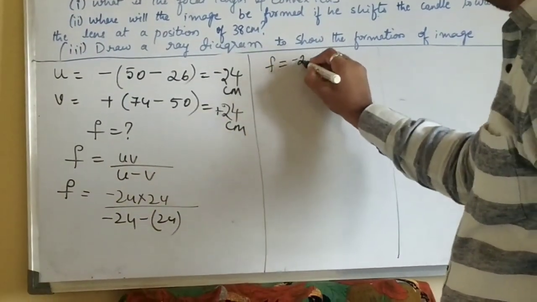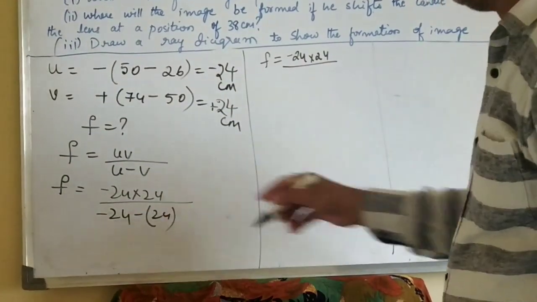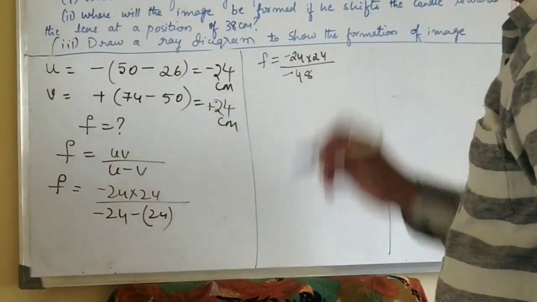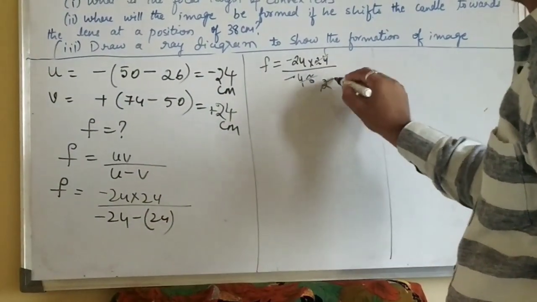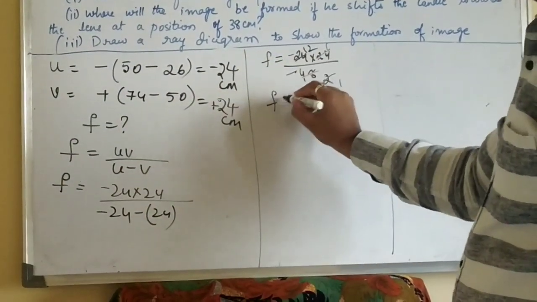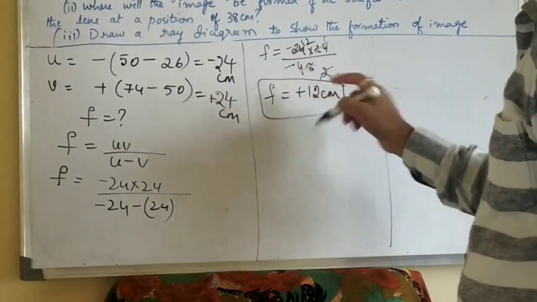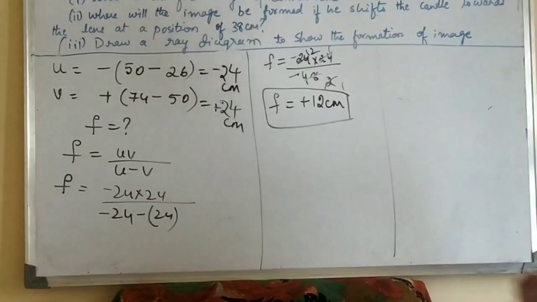Minus 24 minus 24 is minus 48. So 2 ones are 2, 2 twos are 4, so 12. Minus divided by minus is plus. So focal length is plus 12 centimeter. This indicates that the focal length is positive.